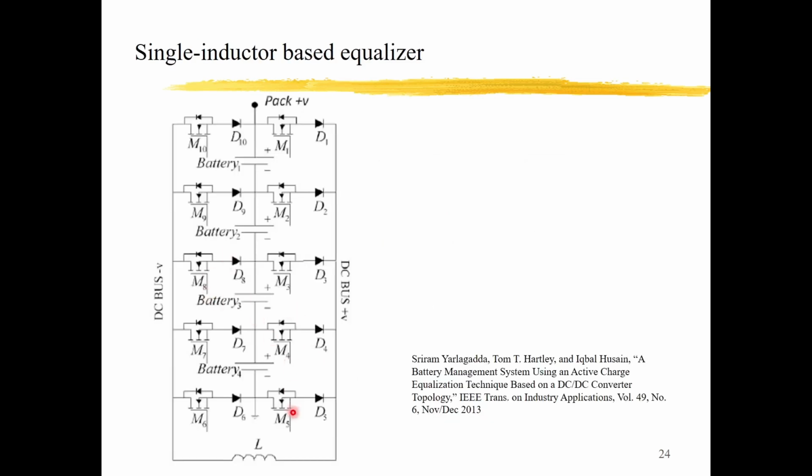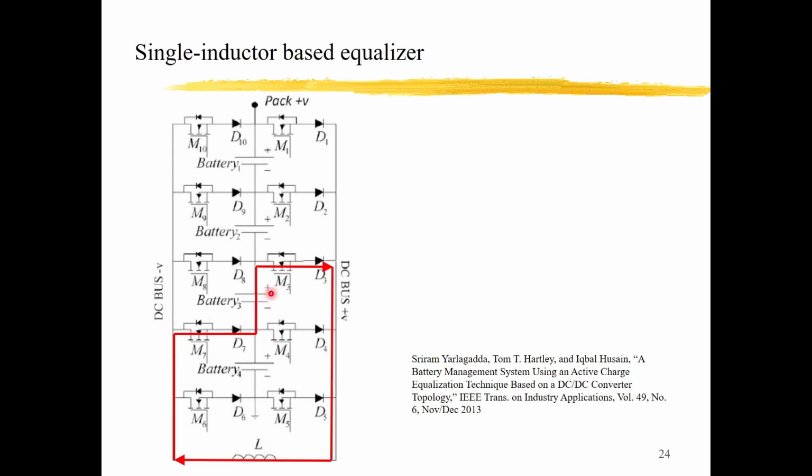And here, this method maybe is better, because usually the active switches are light and take little space. So here the weight and the size will be smaller because only one inductor is required.